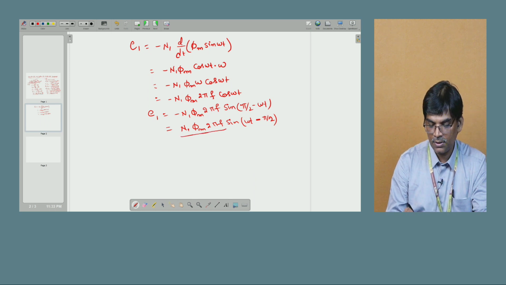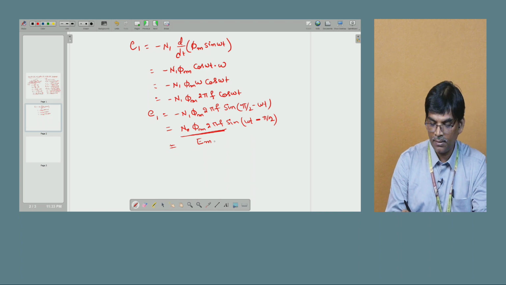Entire this term is made of fixed physical values: N1 number of turns, constant flux, and the applied frequency, which is constant. So any sinusoidal equation can be written with its peak value Em.